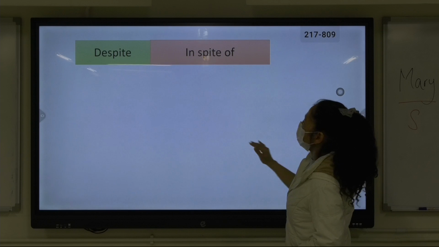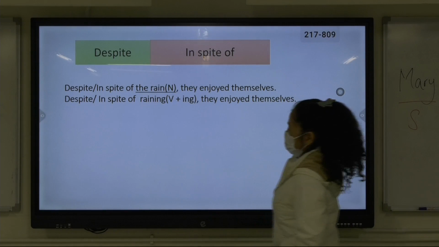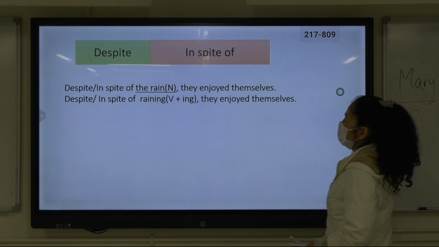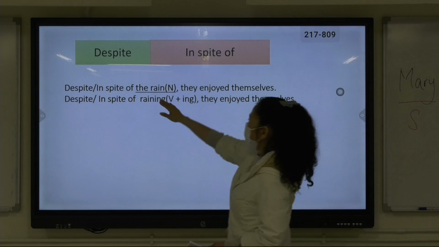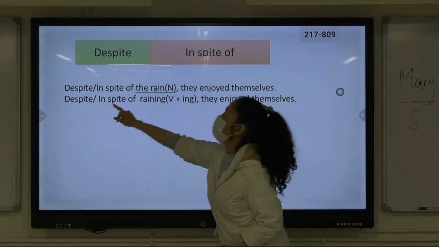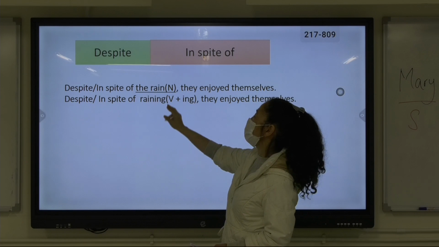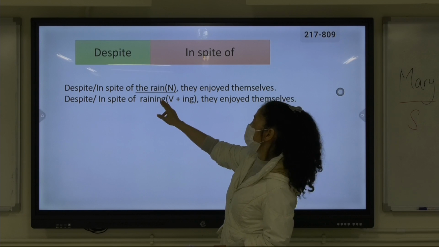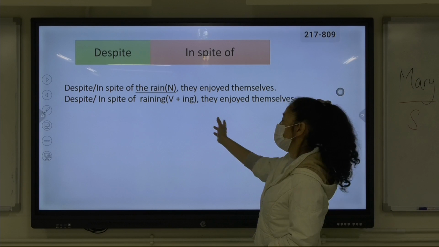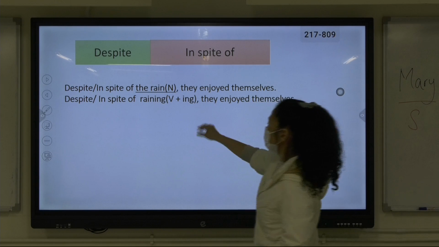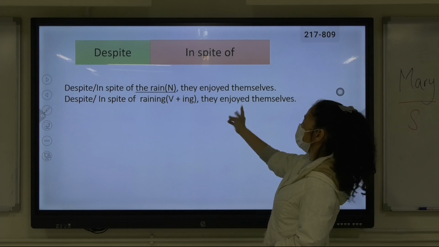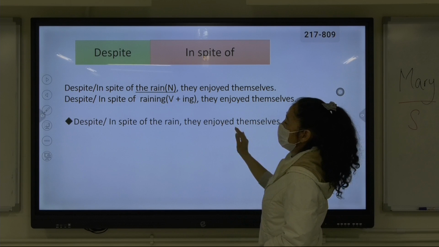Okay, now, despite and in spite of. Here, let's look at it in more detail. Despite, in spite of the rain, which is the noun. Despite, in spite of raining. This time, I pick up the word rain as a verb plus ing. Then you can use verb plus ing to connect a contrast idea.